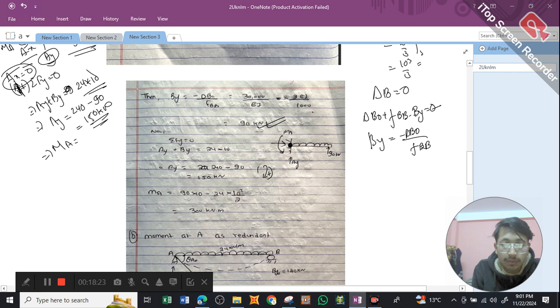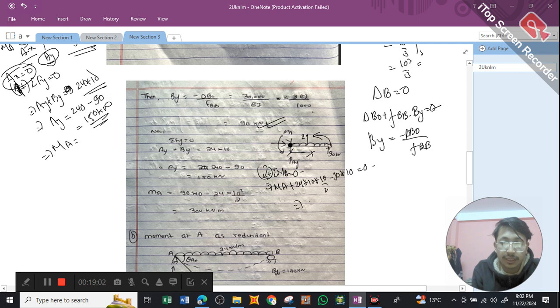So we get MA plus 24 into 10, which acts at half of the span, into 10 by 2, minus, since it is acting anti-clockwise, we take this as negative, 90 into 10 equals 0.